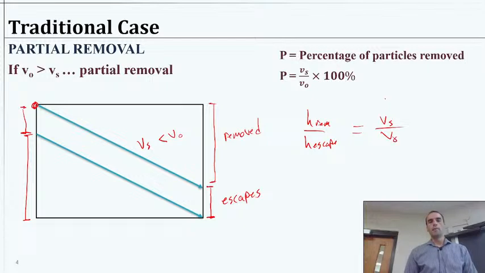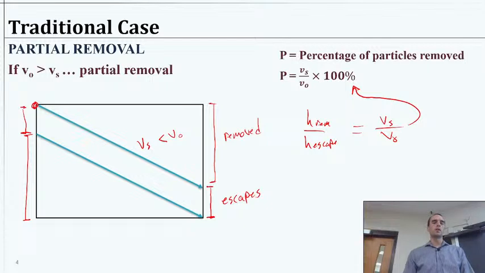Okay, over V naught. And this is where we can then define our system as some percentage of the particles removed will have some percent removal that's equated to the Vs divided by V naught over 100%. Now, I think that I'm second guessing myself right here, just the way I'm defining it.